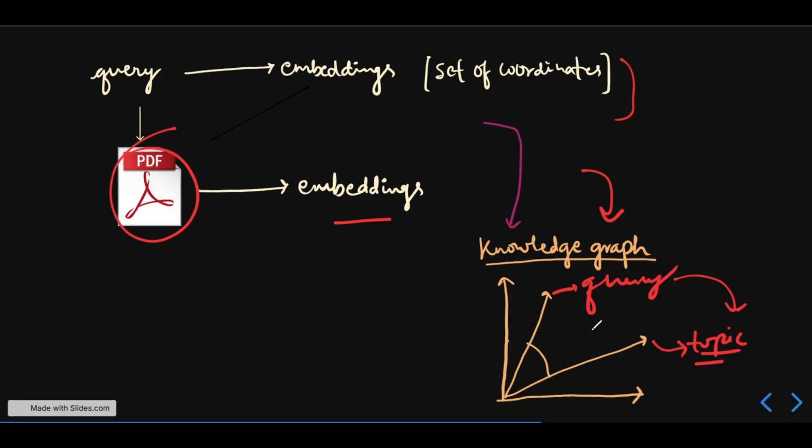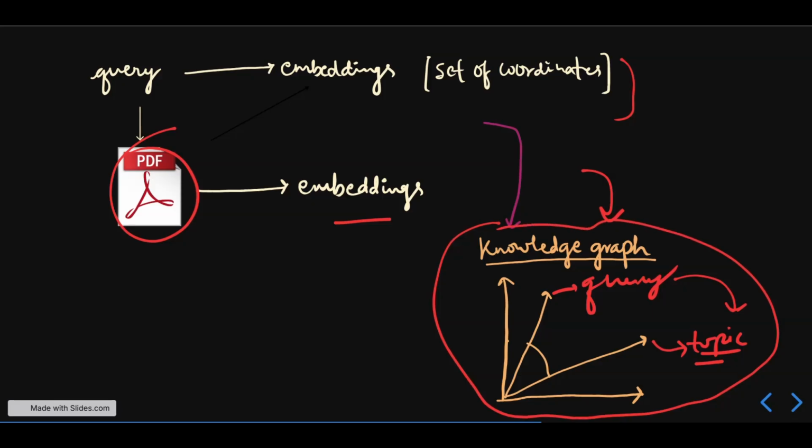We will get to know the knowledge graph more specifically in other slides, but first we convert our query and our source of information text into embeddings, and then we make a knowledge graph. After making it, we define the most accurate topic, the most accurate vector.